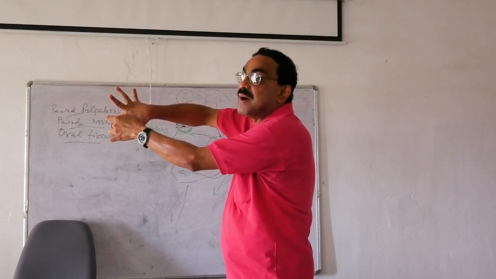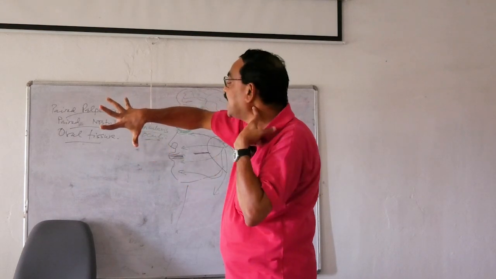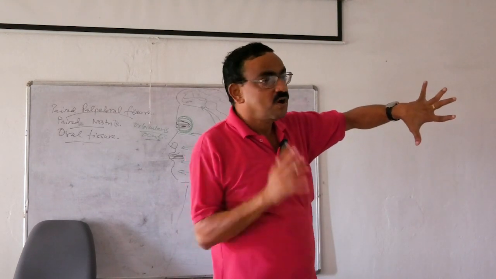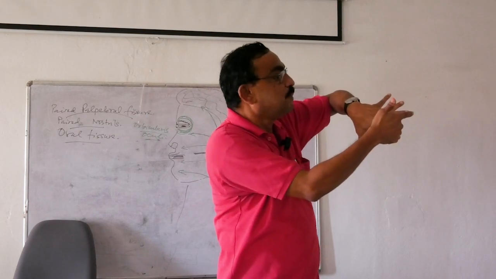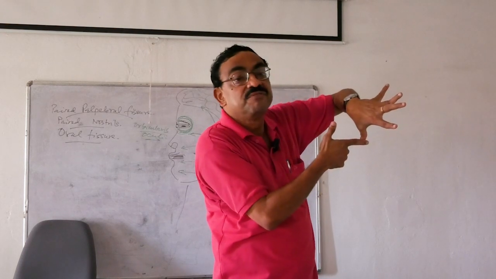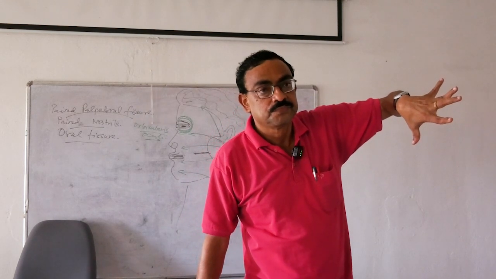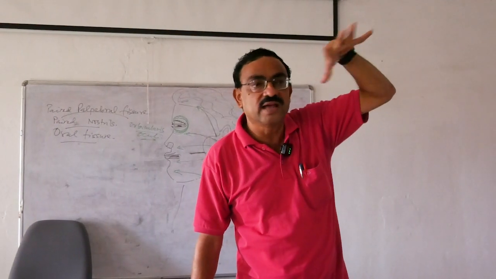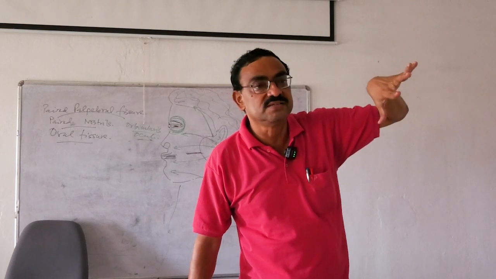The fourth branch is the marginal mandibular, and the last branch is going towards the neck. Or like this, on the right hand side: temporal, zygomatic, buccal, marginal mandibular, and this is the cervical branch. Unless you have some theoretical knowledge, you will not be able to see all this.